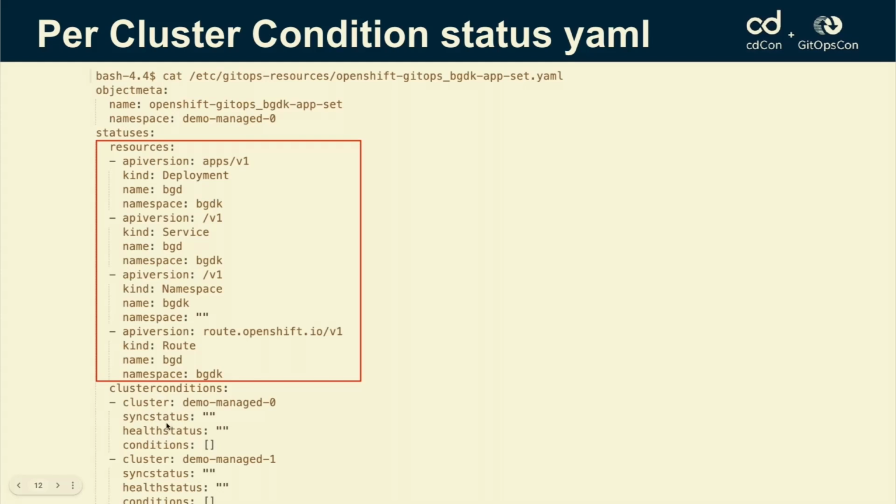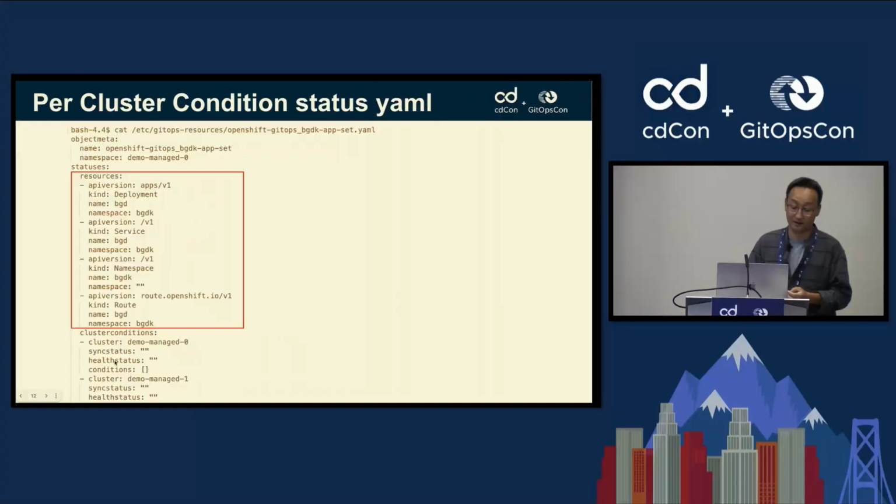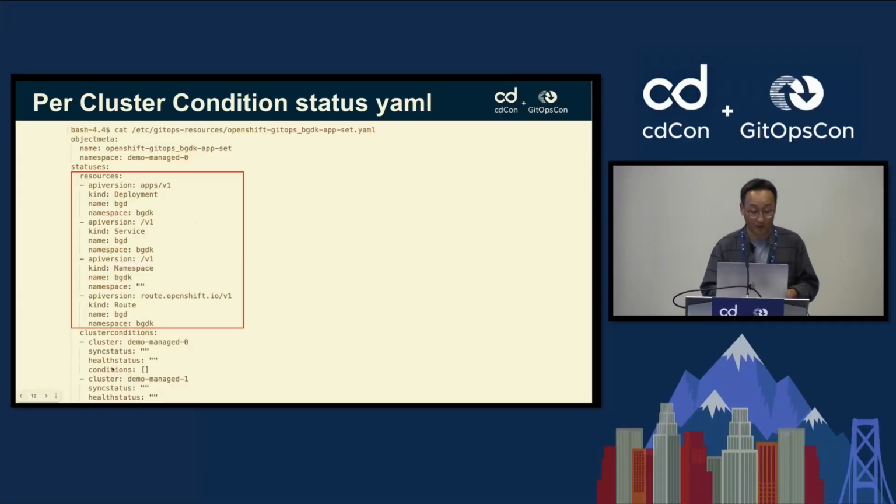These sync status and health status are empty because we will use the manifest work to get the overall sync status and health status. But here we also have this conditions list, which will be used for reporting any possible error conditions that this application could have. If there are no error conditions, then this conditions list will be empty.